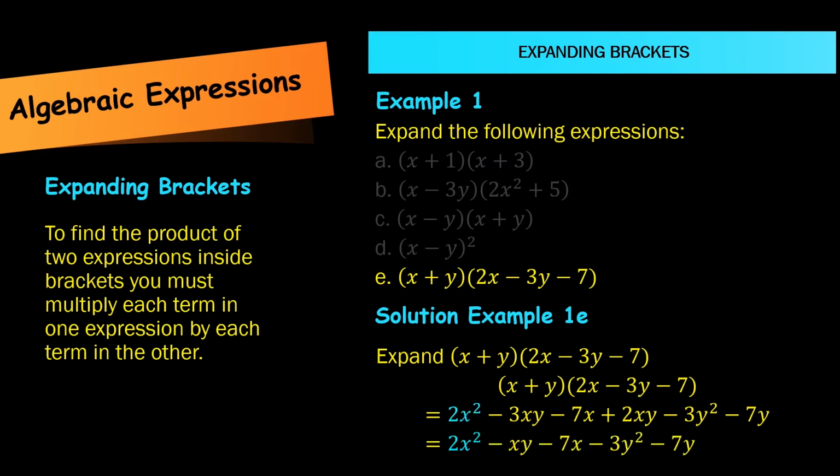Bring down 2x squared as it is. The xy's can be added together, so we have minus 3xy plus 2xy, giving us minus xy. There's only one x term. There's only one y squared term. And there's only one y term. So here's our expression.